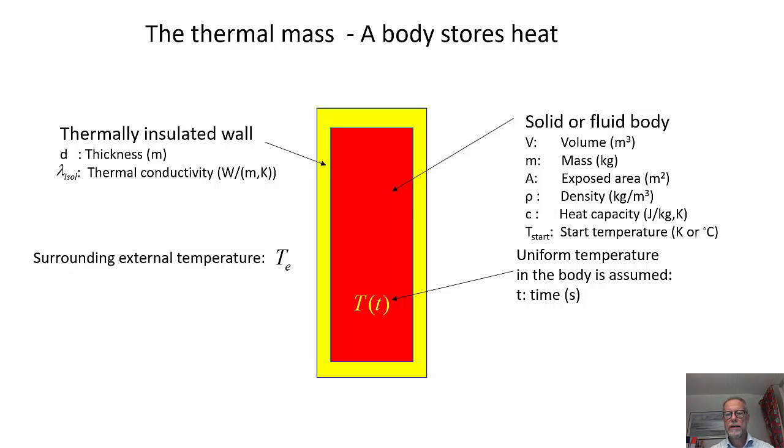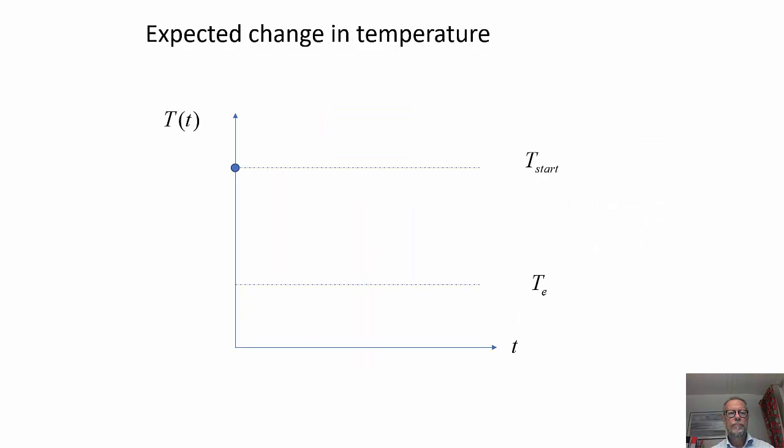We'll assume that the temperature is uniform within this body, and we would like to calculate how the temperature changes in time. The yellow area symbolizes the thermally insulated wall with thickness D and thermal conductivity lambda. The surrounding temperature is TE.